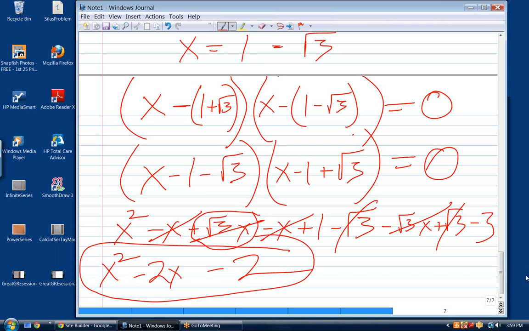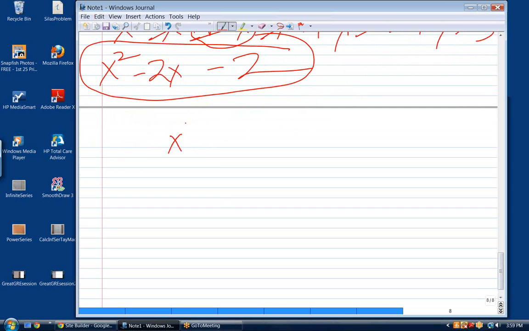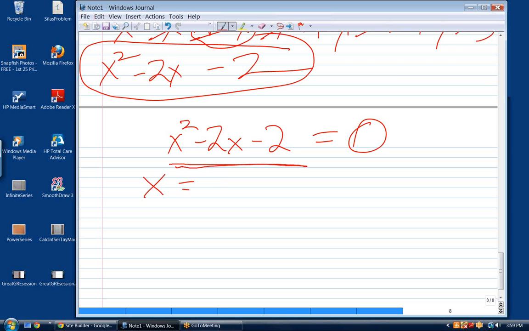All right. Now, just for practice, let's solve this using the quadratic formula. Plug it in. We can't factor that, so we're going to have to use the quadratic formula to solve it.